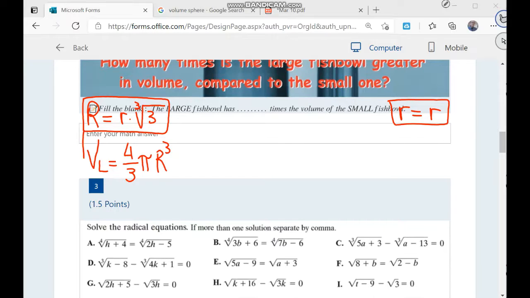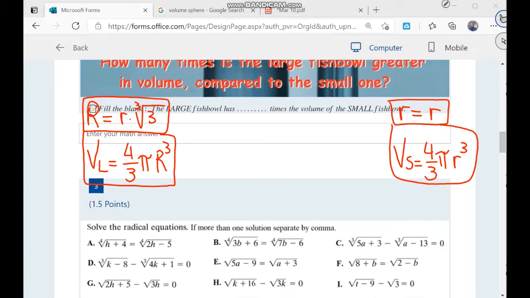But I'm going to prove that we don't need this formula. The volume of the small one is 4/3 pi lowercase r cubed. Now we will compare.